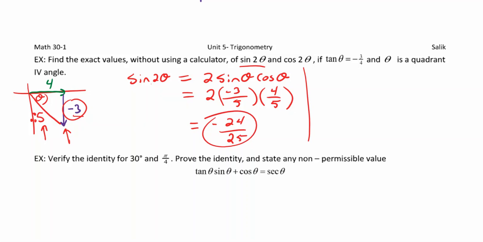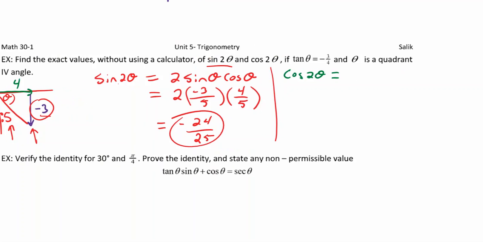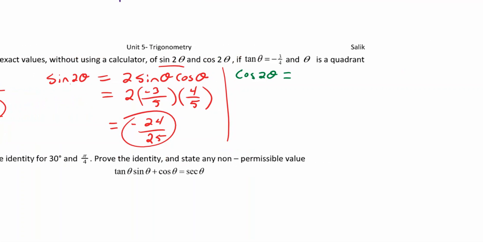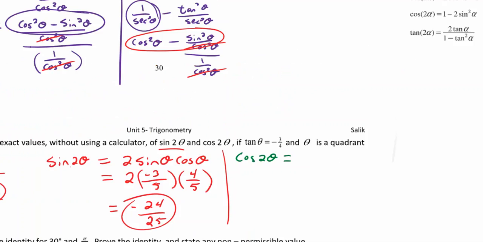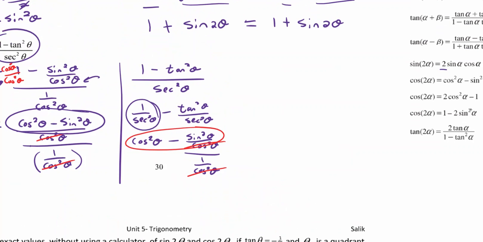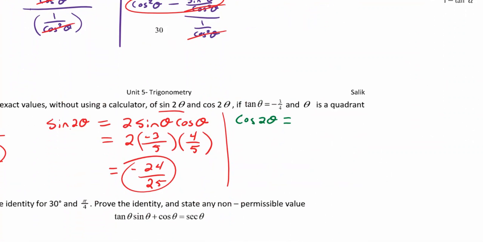Now let's figure out cos 2 theta. That would be a similar method. Cos 2 theta is going to be equal to, now there's a few for cos, so I could really use any of them. I'll use this one: cos squared theta minus sine squared theta.